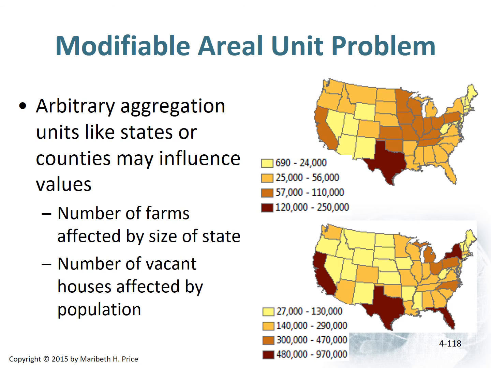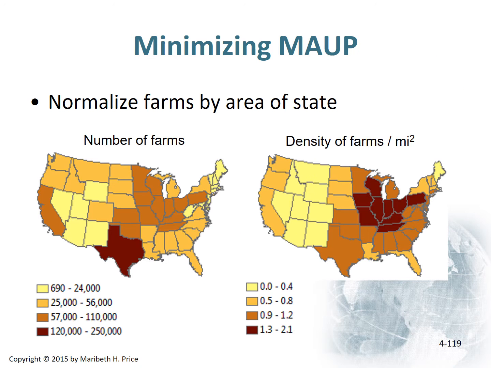The number of vacant houses is affected by population. It's also affected by the total number of houses, because is it a percentage of the houses that are vacant we're interested in, or just a raw count? And again, those numbers will be affected by the size of the area that you're aggregating upon. And that's what the modifiable area unit problem is. How do we minimize it? We normalize it.